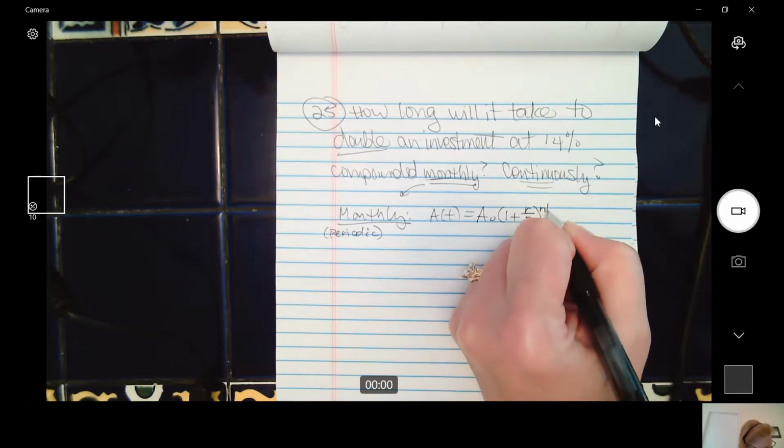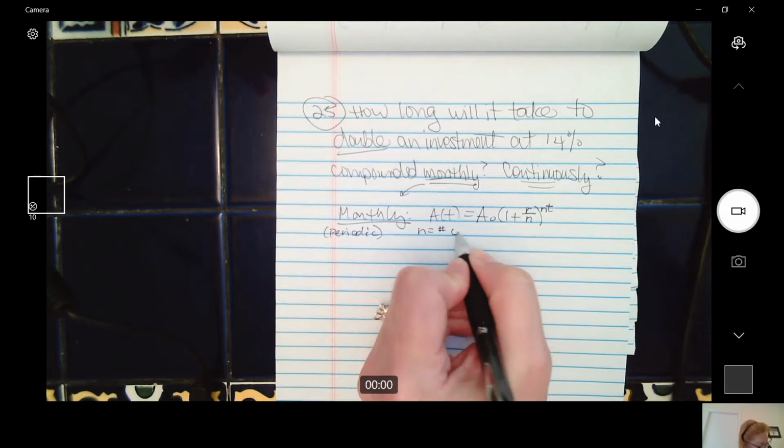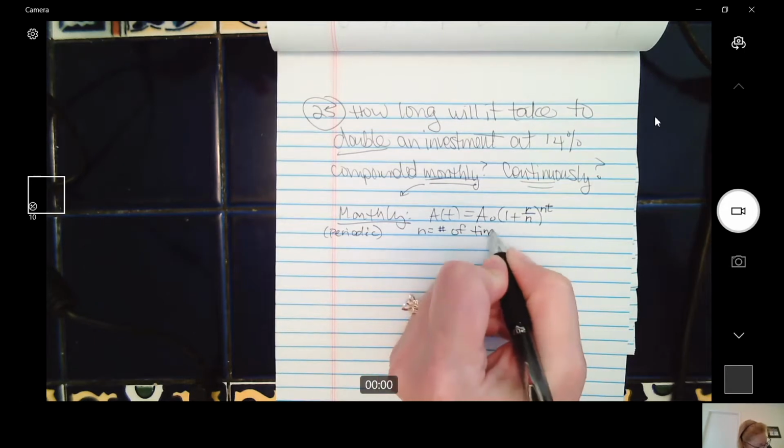It's always the interest rate as a decimal divided by this number N, which also shows up here in the exponent, where N is the number of calculations per year. So the number of times compounded per year.